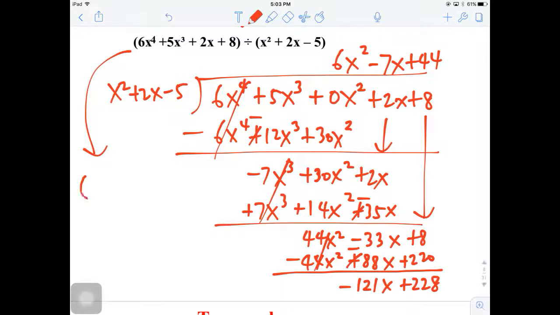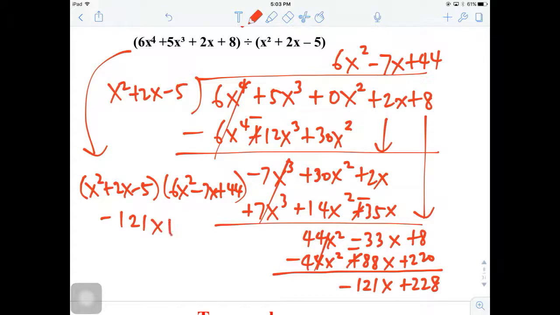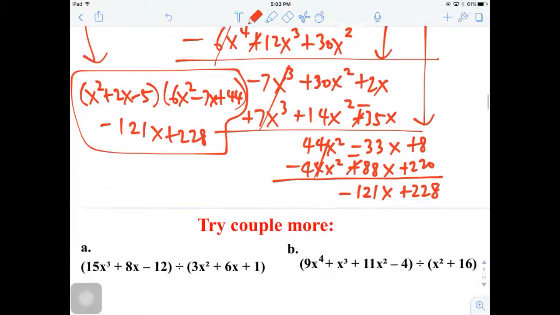It's going to be the dividend: the divisor, which is x squared plus 2x minus 5, times the quotient, which is right there, 6x squared minus 7x plus 44, and then plus the remainder, which is over here, just a minus 121x plus 228. This right here is the complete answer for this problem.